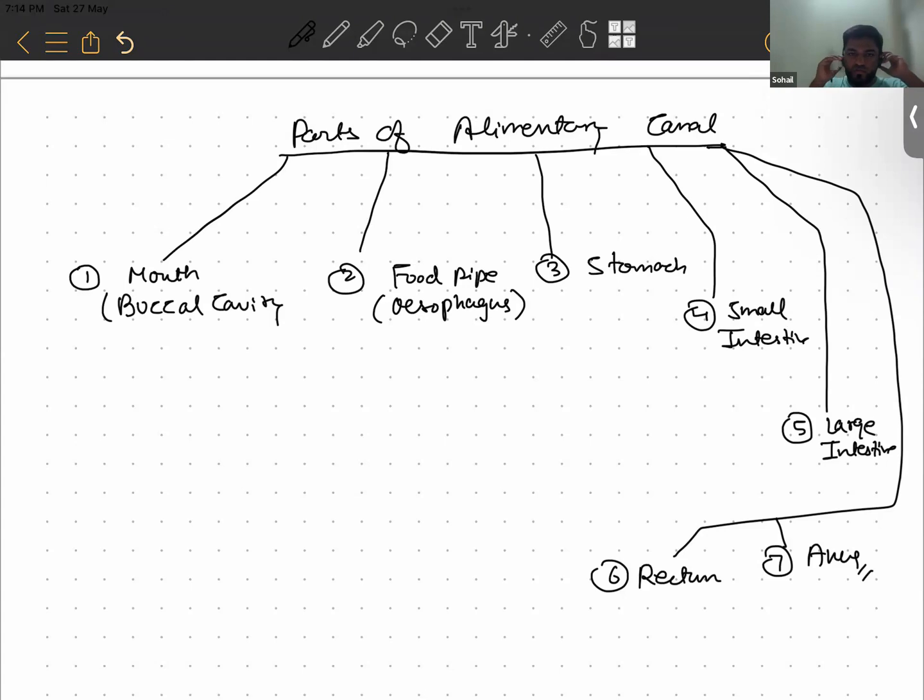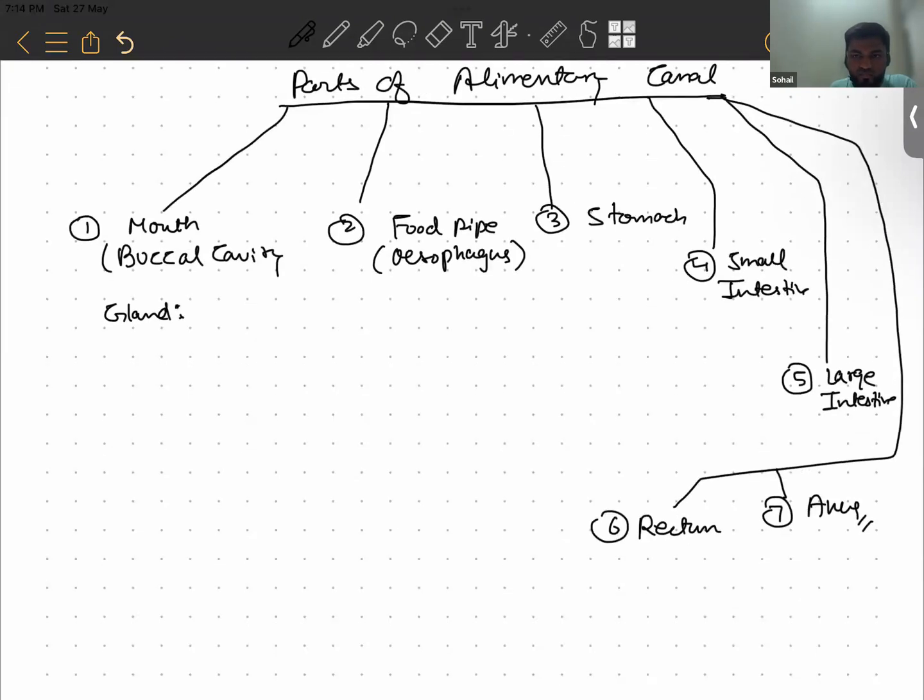Now, if we talk about the glands which are associated with the alimentary canal, what are the different glands? In the mouth there is a gland associated with the alimentary canal. What do we call that gland? That is the salivary gland.